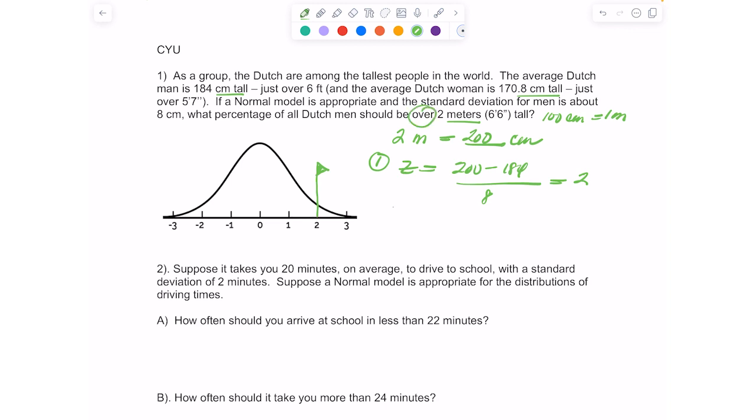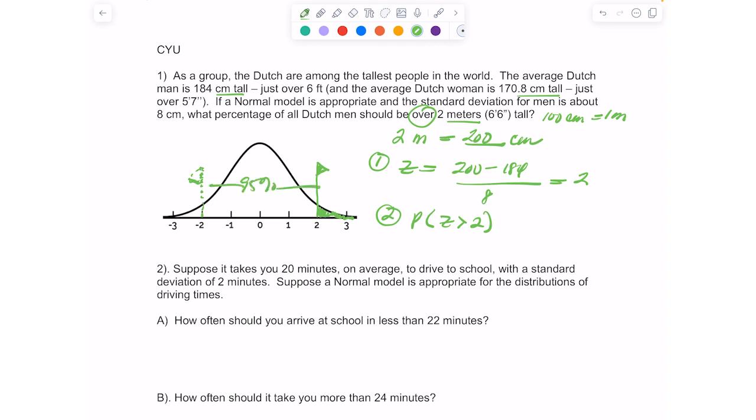Now I want to find what percentage of all Dutch men should be over that. So I'm looking for, in other words, the probability that z is greater than 2, the probability that you would have a man taller than 2 meters. Again, I can use my empirical rule. If I draw a fake invisible flag on the opposite side, I would know that between those two flags is 95% of the data.